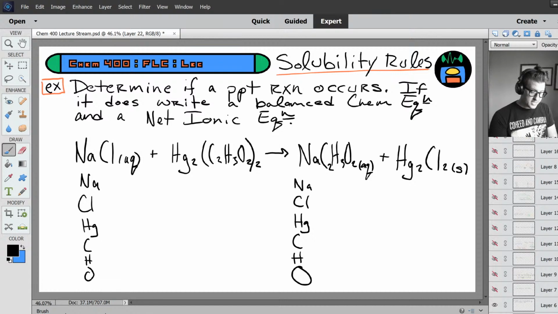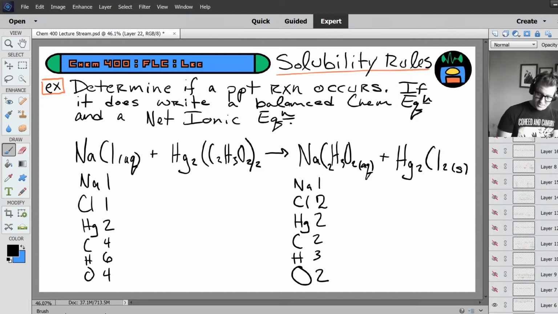On our reactant side, there's 1 sodium, 1 chlorine, 2 mercury atoms, 4 carbon atoms, 6 hydrogen atoms, 4 oxygen atoms. On the product side, there's 1 sodium, 2 chlorine, 2 mercury, 2 carbon, 3 hydrogen, 2 oxygen.